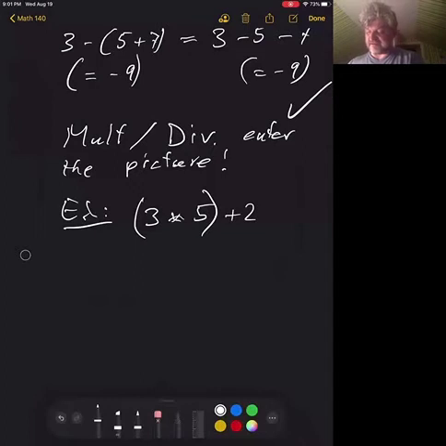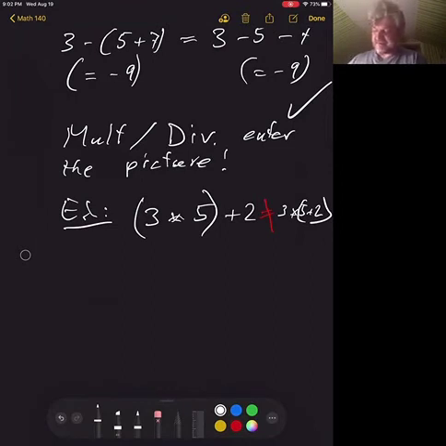On the other hand, (3 times 5) plus 2. With the parentheses like this are not the same thing, okay? Not the same thing. So the order matters in which we perform these operations, and it has to be specified by parentheses.